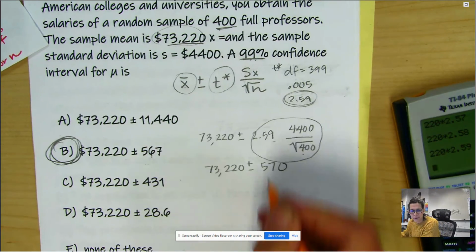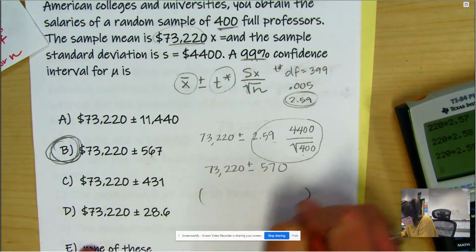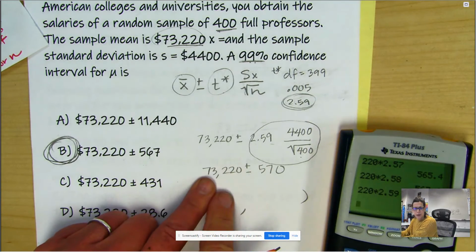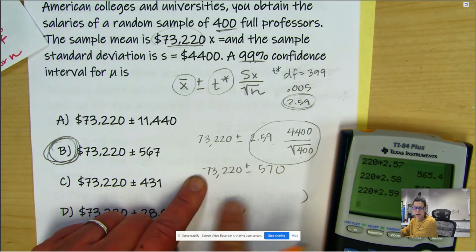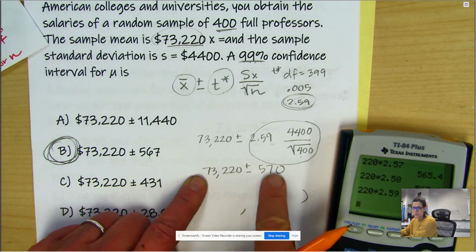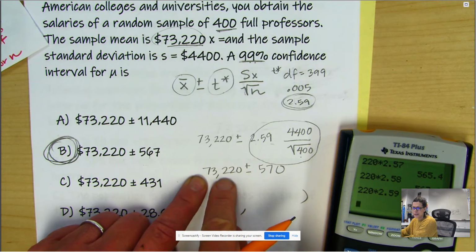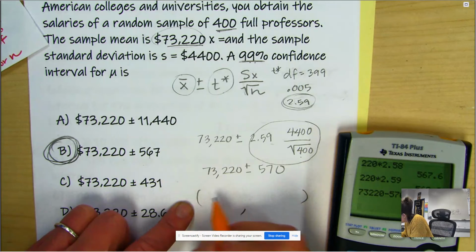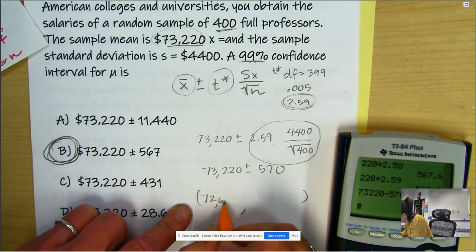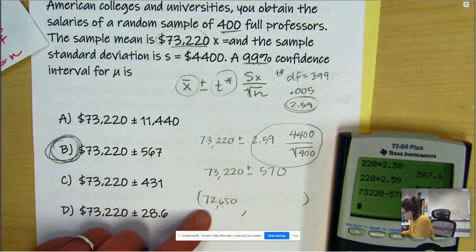Oh, sorry, I want to also say this. You could do the lower and the upper bound by just subtracting. I rounded this up to 570. The lower and the upper bound would come from subtracting 570 from this and adding 570. So 73,220 minus 570. And don't get too caught up with these numbers not exactly matching, right?